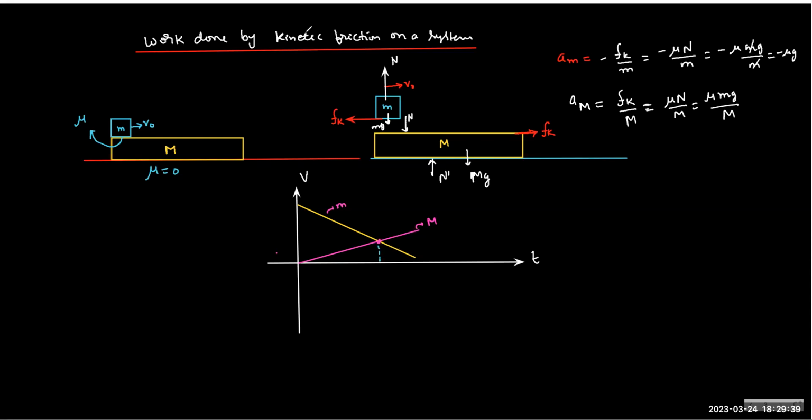And now this is actually the point of interest. What will happen if both are the same? Do you realize what will happen? So they will settle on a common velocity, isn't it?